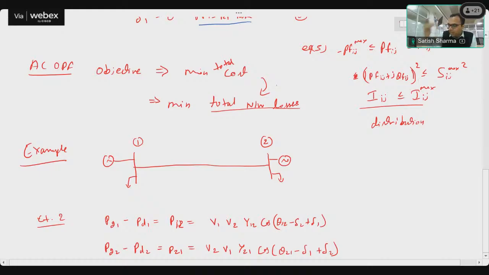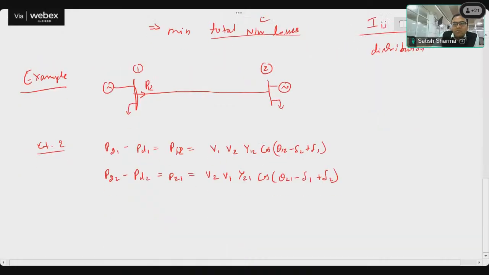We are looking at this node, and this is my P12. When I write the nodal power balance equation at node number 2, this is P21.